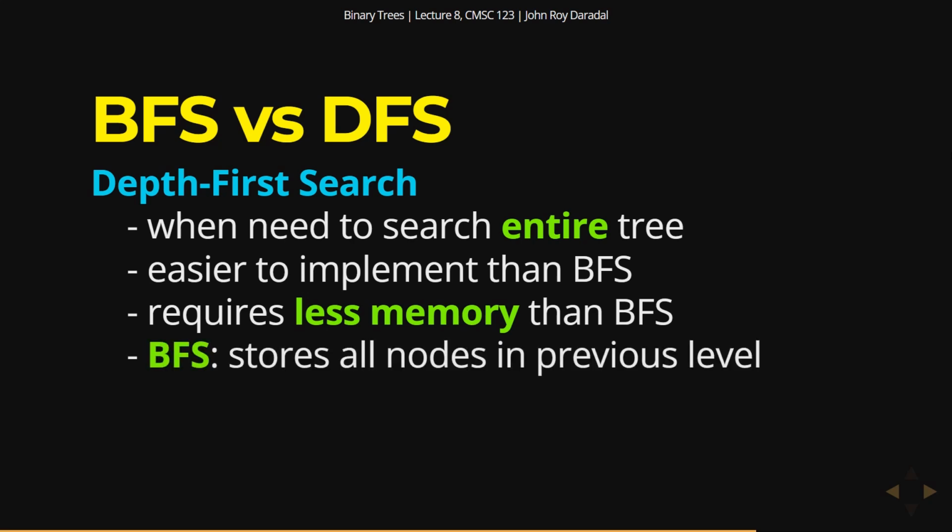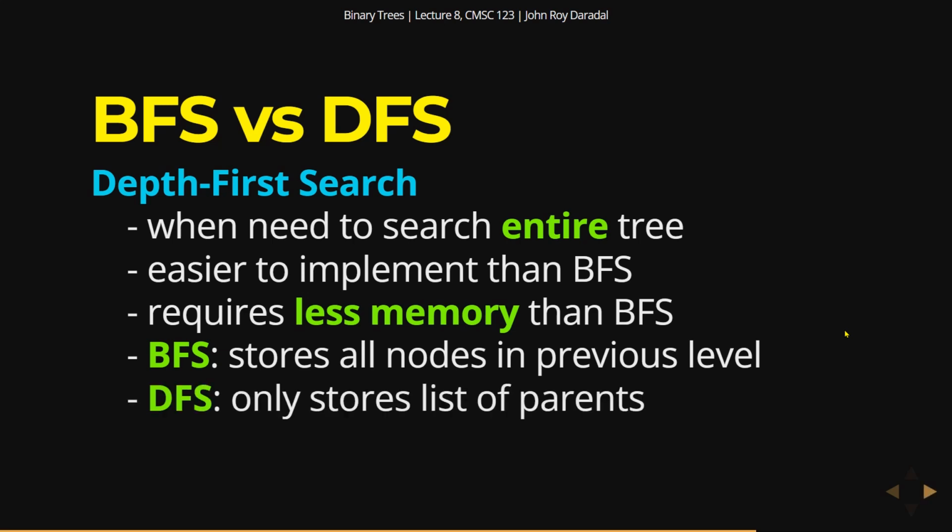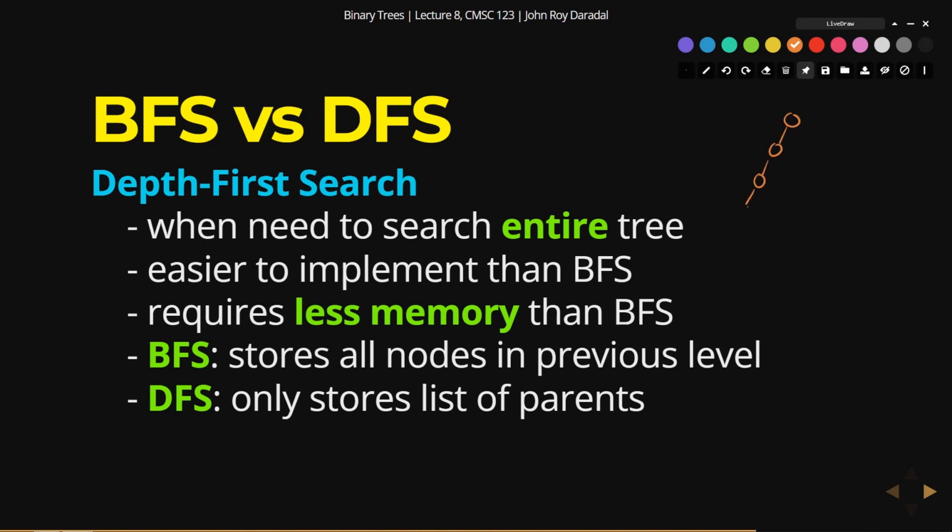Okay, so we mentioned this earlier, right? All nodes at the previous level are stored for BFS. That's why it has exponential memory. But at DFS, you only store the list of the parents, so that you know where to backtrack. For example, if you're going down, you just keep the list of these nodes here that you've encountered. Once you go back up, they are deleted.